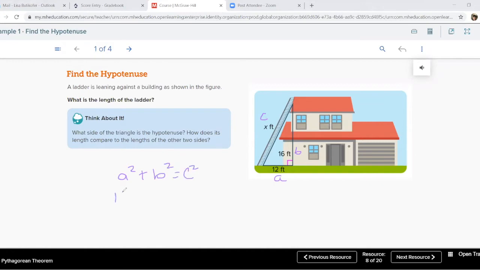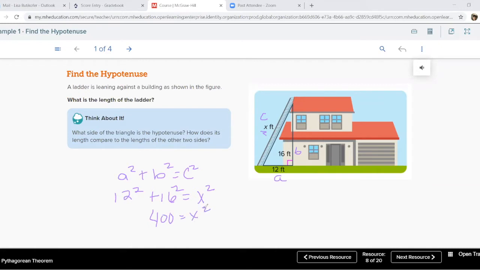So 12 squared plus 16 squared equals c squared, or x, because it already says x right there. We can do x squared. Get your handy dandy little calculators and do 12 squared plus 16 squared is 400. So now we have 400 equals x squared.